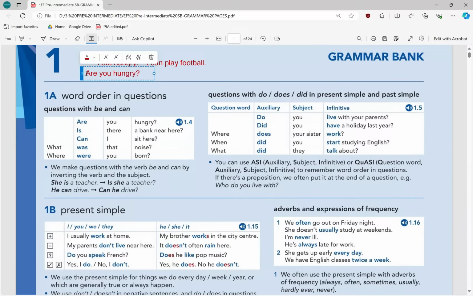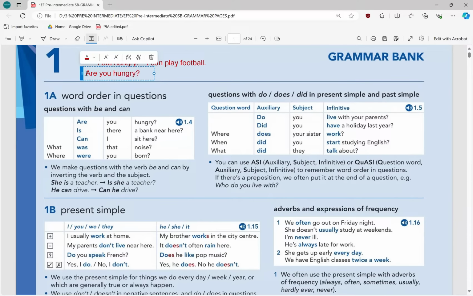It's a dictionary word, the root verb, this infinitive.